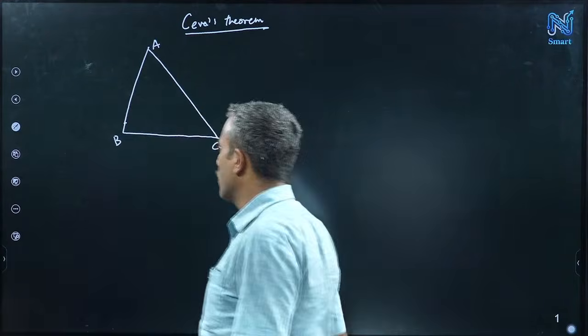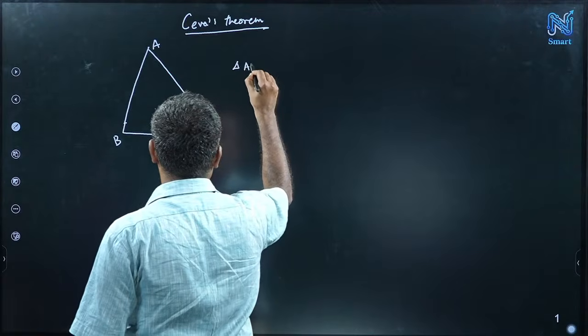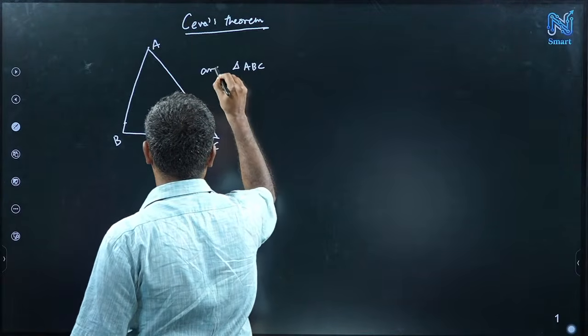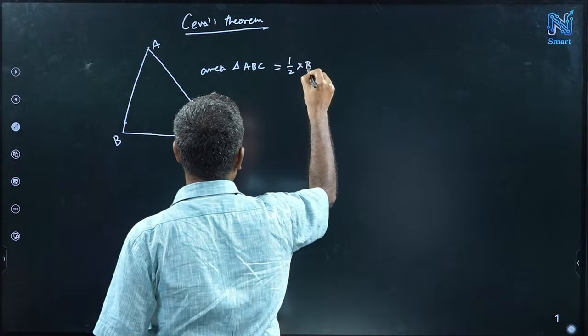So we know that the area of a triangle ABC is half of BC and the height.